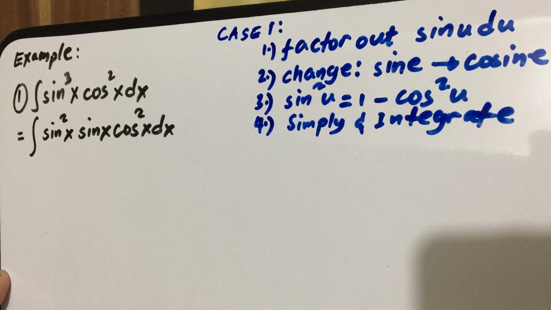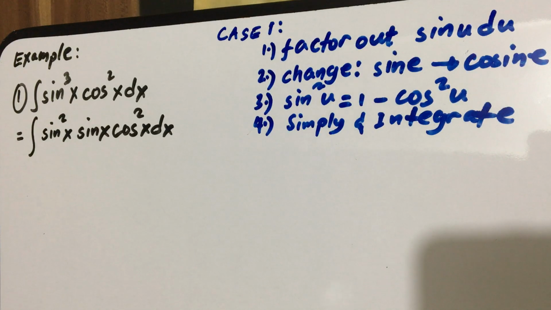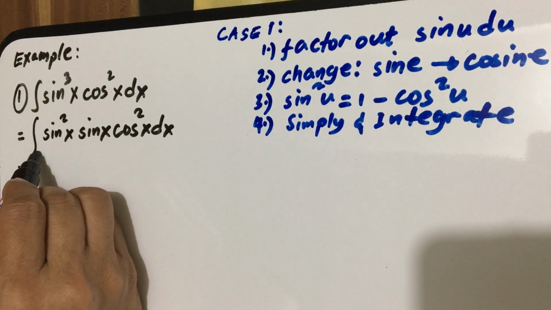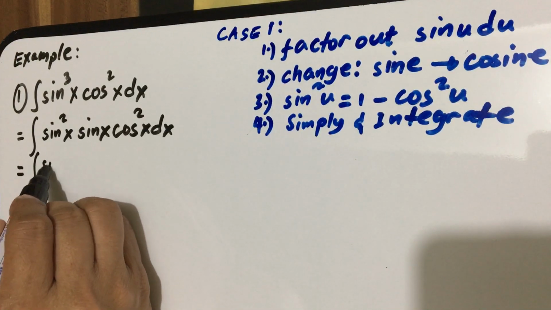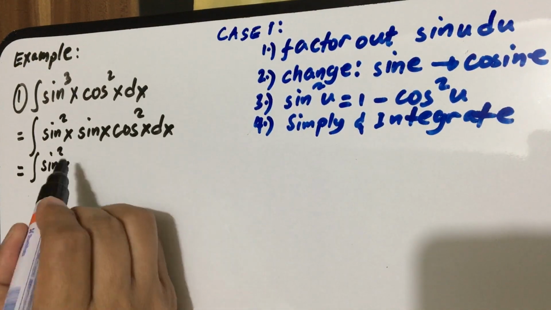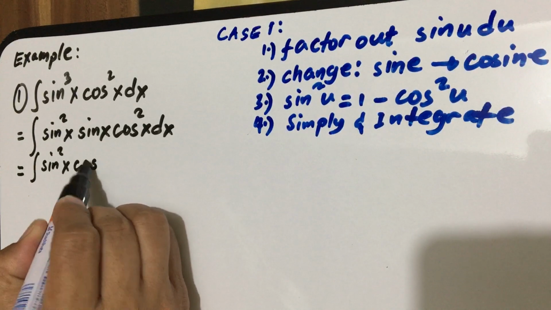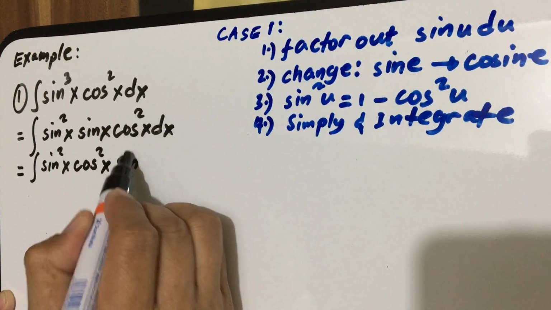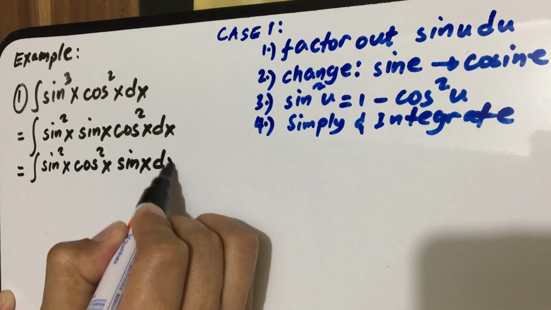Okay, so from this result and following these rules for case 1, we have to rearrange. So we can rewrite this as integral of sine squared x, then we write cosine squared x first before this one, then sine x dx.